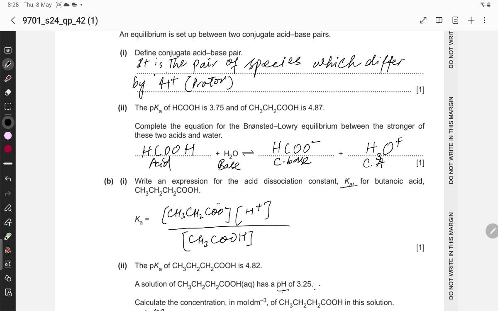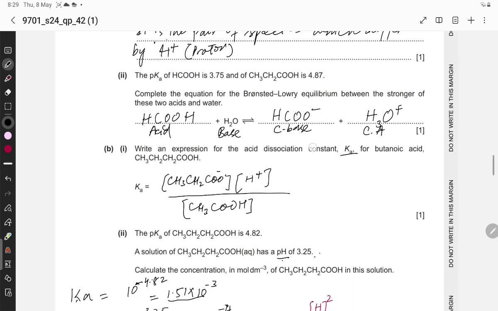This is acid because it is a proton donor, and water is a proton acceptor. This is the conjugate base because it is a proton acceptor now, and this is a proton donor, so that's why it is the conjugate acid.